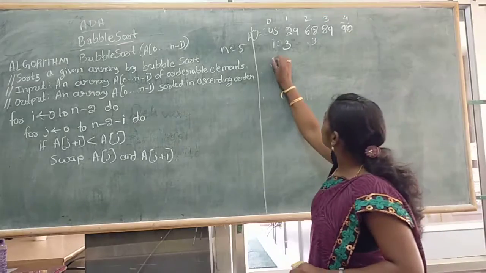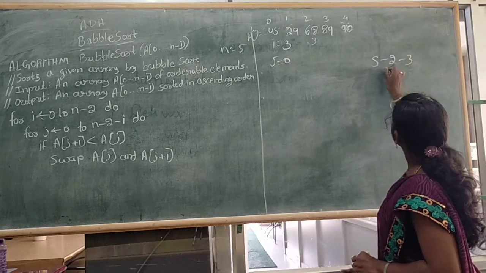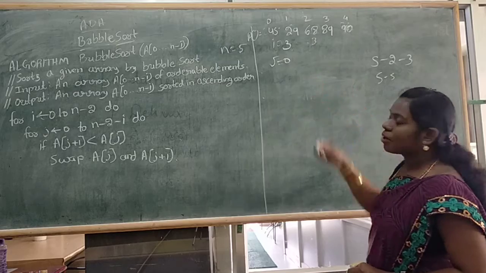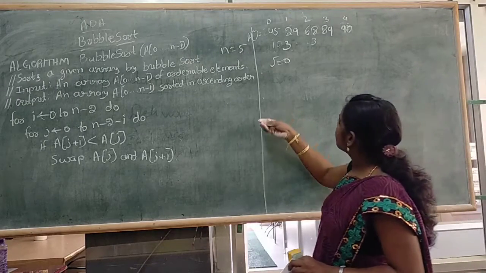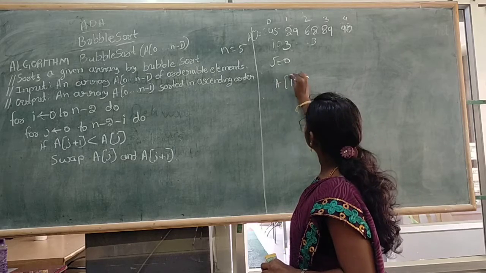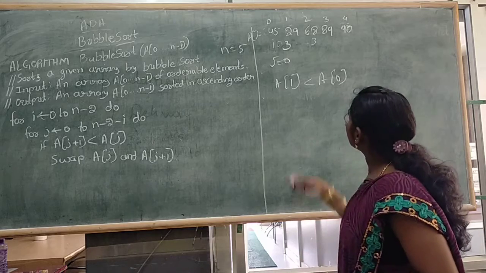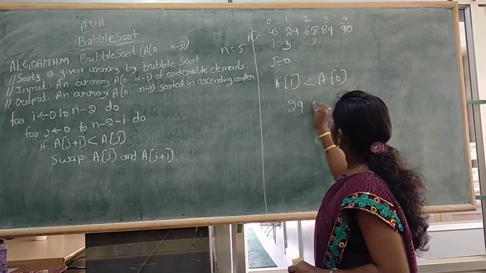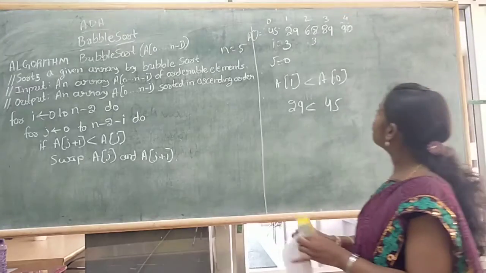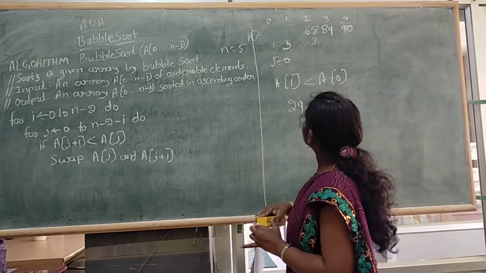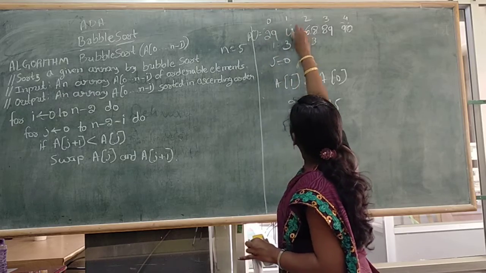So J is equal to 0. Up to where? 5 minus 2 minus 3, which is 5 minus 5, is 0, so it runs only for 0. Okay? So A of J plus 1 means 0 plus 1, which is 1. A of J means 0. How much is A of 1? 29 less than 45. Condition true. At that time it will exchange: 29 and then 45.